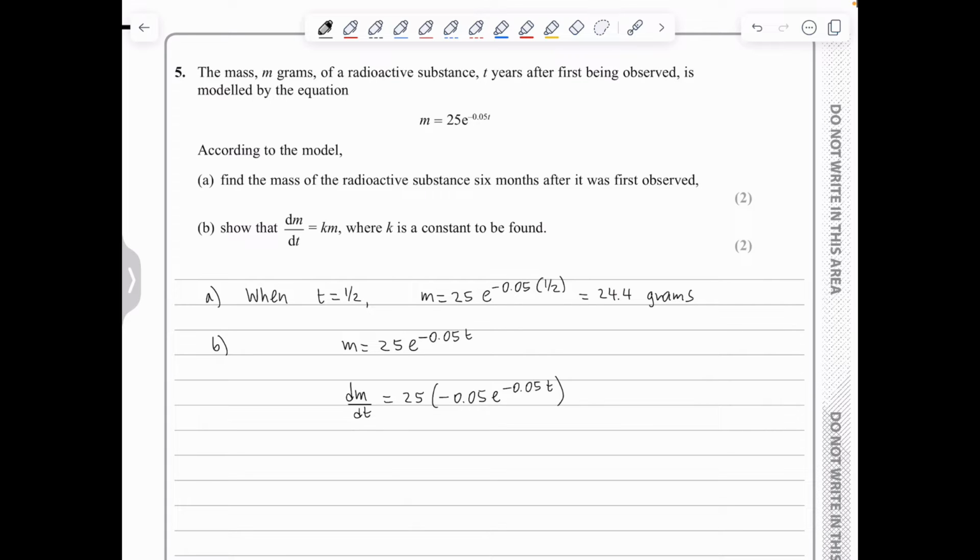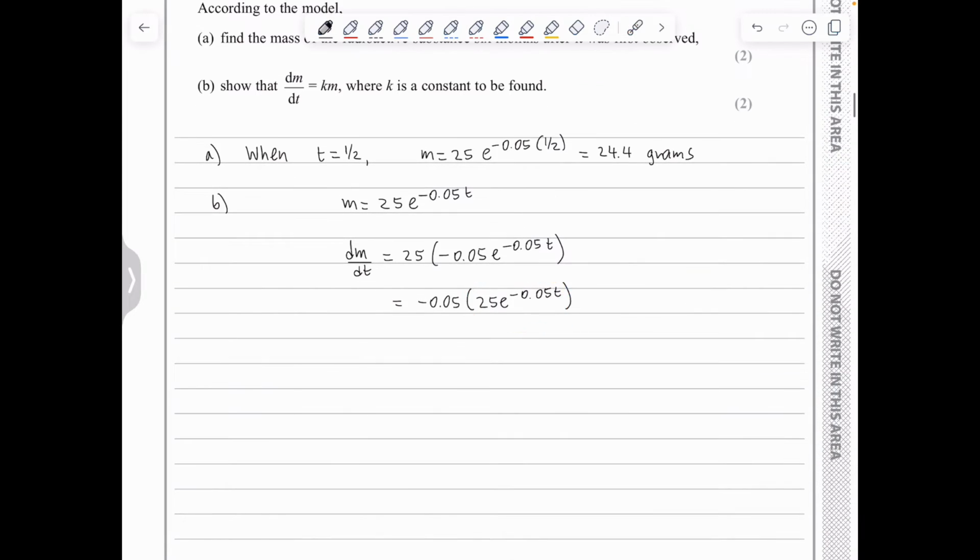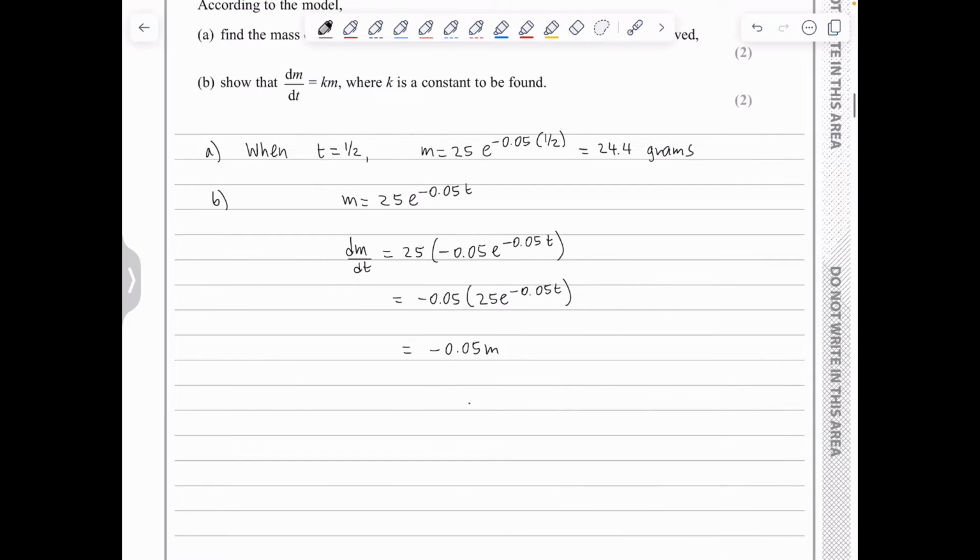Well, I can write this as negative 0.05 times 25 e to the minus 0.05t, and we do recognize this as m, so we have that dm/dt is negative 0.05 m, which means that my value for k, the constant, is negative 0.05.